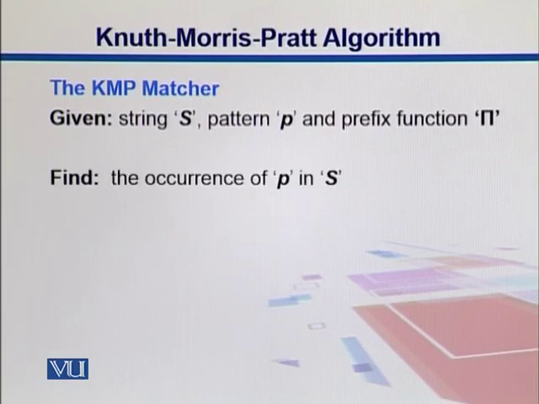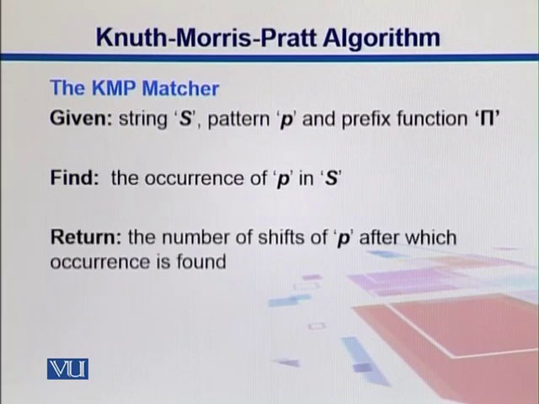We are interested in finding the occurrence of P in S, and this matcher returns the number of shifts of P after which the occurrence is found, so with those many shifts we can calculate the exact location of the pattern within the text.